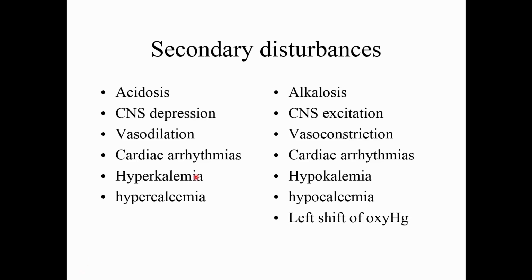All right. We also want to think about secondary disturbances or other things that will happen because your pH is off. So you have acidosis. That tends to depress the CNS because you have elevations in calcium.